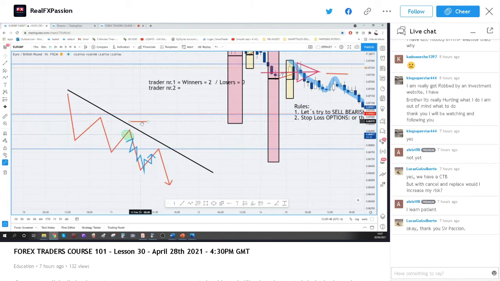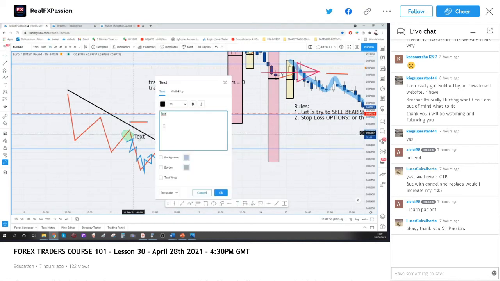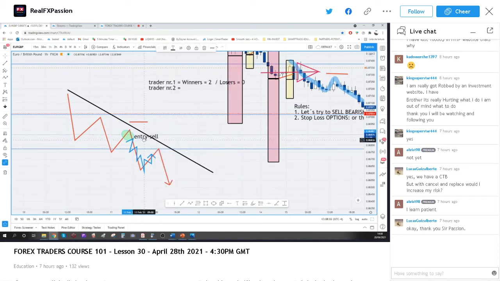So now I entered in here. This was my initial stop loss, and this was my entry, the sell. And the market is in here right now. Here is the market, the circle.